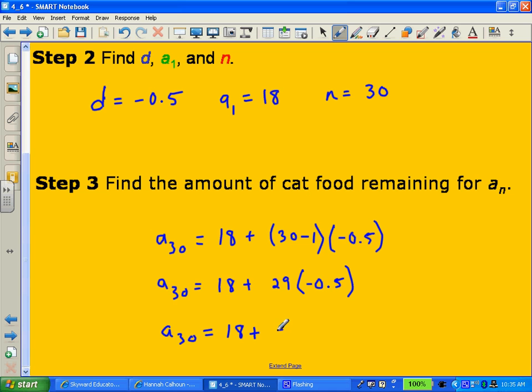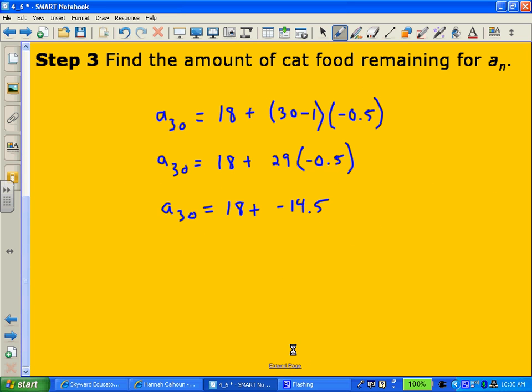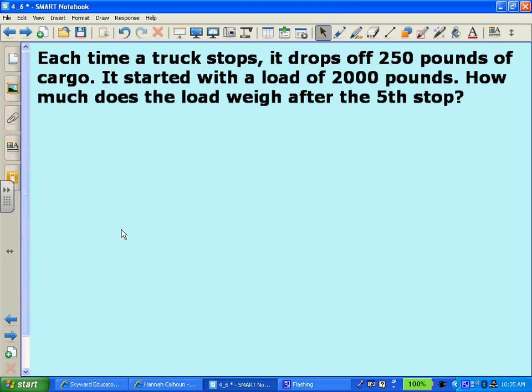So a sub 30 is 18 plus, and this is going to be negative 14.5, I believe. That means the 30th term in this sequence is 3.5. So after 30 days, there's going to be 3.5 pounds of cat food left for the cats to eat.